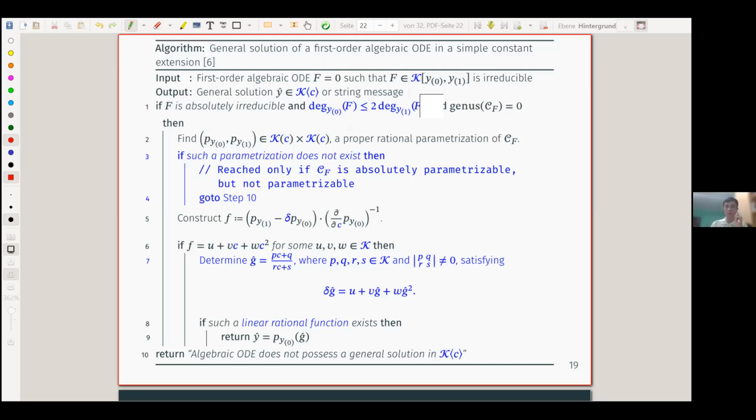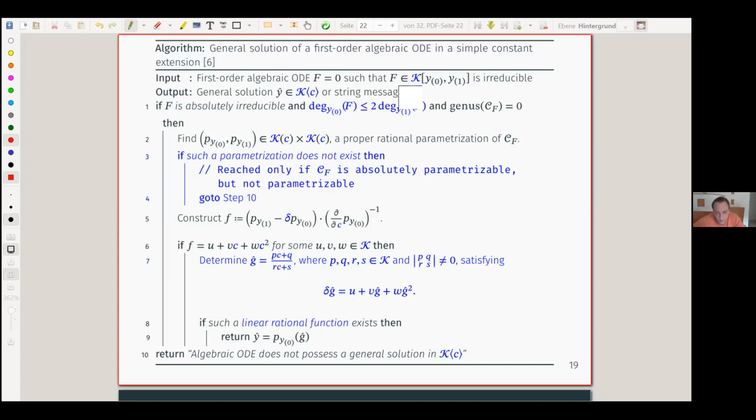I have one more question. Where do you use the degree condition in your algorithm from line 2 to line 10? The degree condition, this is a necessary condition. Here, it's at the top. Oh, you mean the examples?